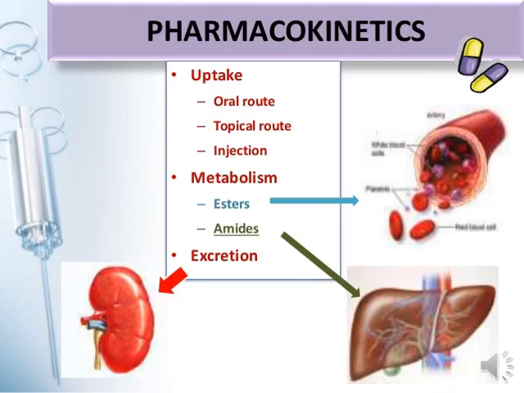So overall, the metabolism of the local anesthetics is carried out by the liver enzymes, and also by the enzymes that are present in the blood. Then the excretion, you can see that the excretion is carried out by the kidney. So this is a pictorial diagram which elaborates the pharmacokinetics of the local anesthetics, and it is an easy way to remember the pharmacokinetics, that is the absorption, distribution, metabolism, excretion of the local anesthetics.